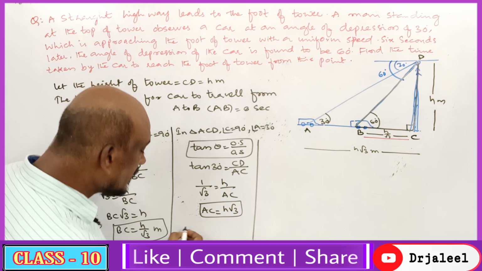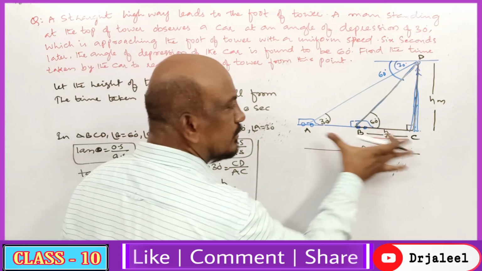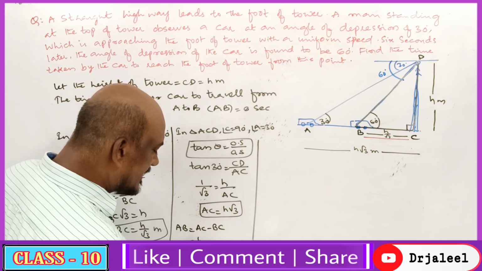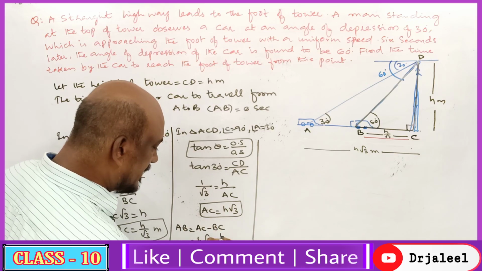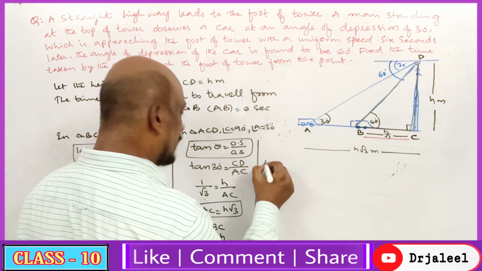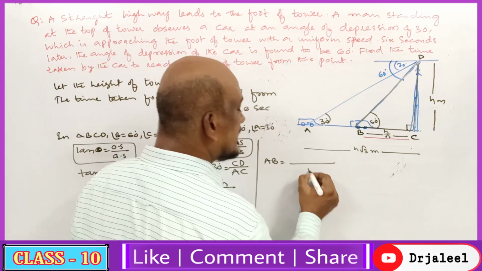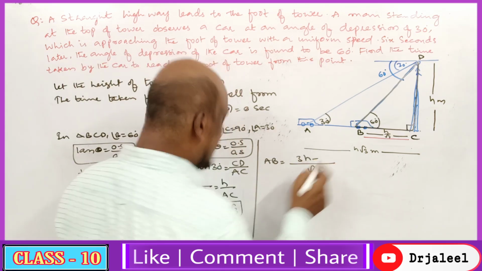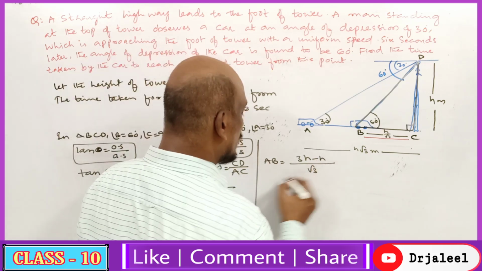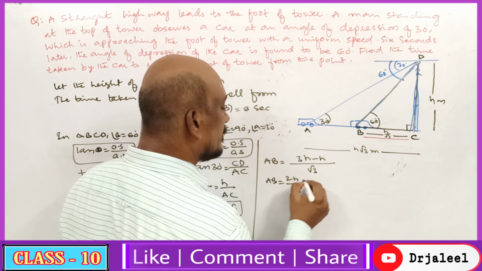So AB is equal to AC minus BC. AC is H root 3 minus BC is H by root 3. So what will you get for distance AB? Root 3 is the LCM, 3H minus H. So you will get AB as 2H by root 3 meters.